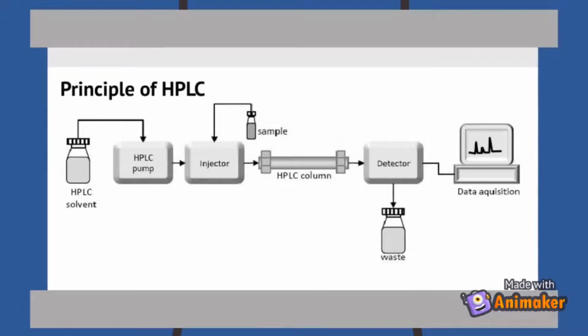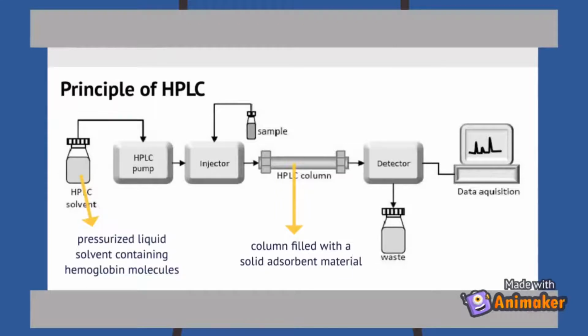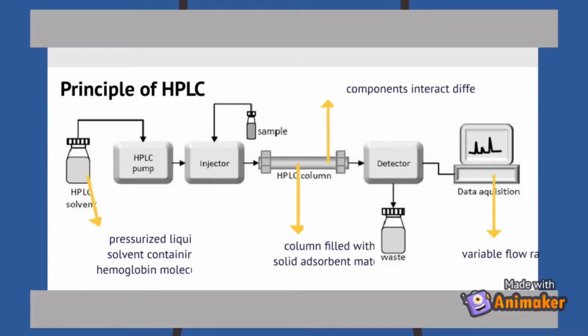A pressurized liquid solvent containing hemoglobin molecules passes through a column filled with a solid absorbent material. Each component in the sample interacts differently with the absorbent material, resulting in variable flow rates and separation of glycated and non-glycated hemoglobin products.